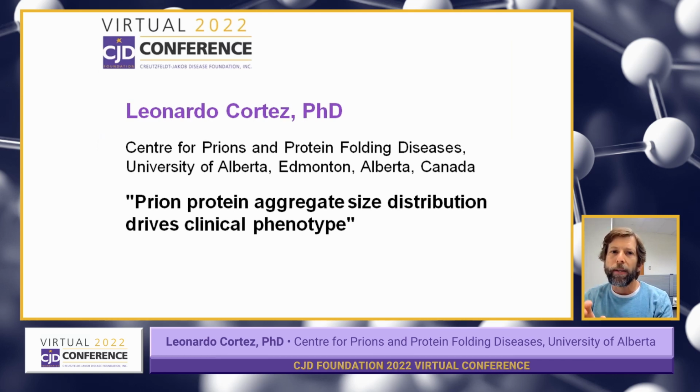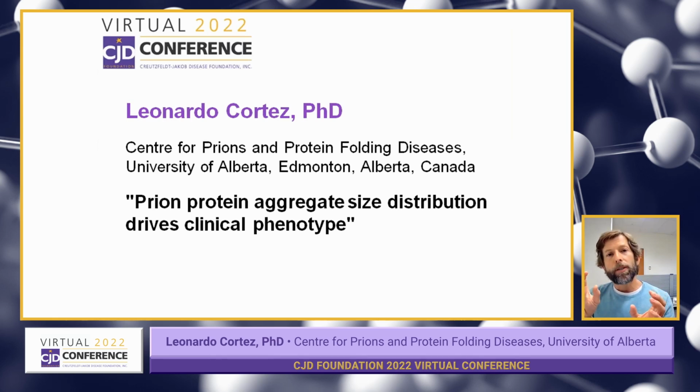We can divide these prion particles in two groups, two populations. One that includes the smallest particles, the particles that are less stable and possibly more toxic. And a second population that includes the larger particles, more stable, much harder to be degraded by the brain.